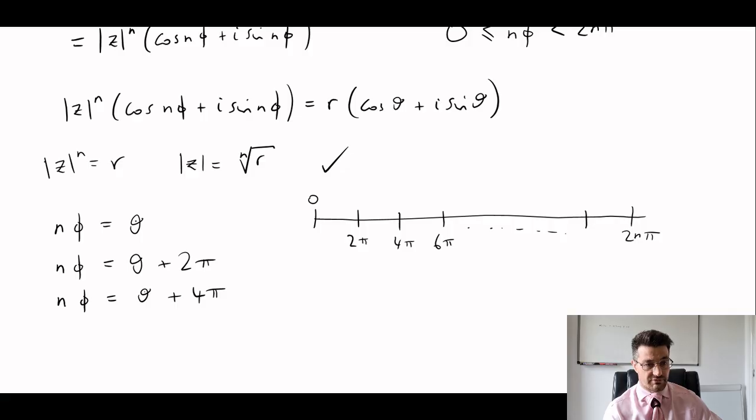Okay, so then right up here, I'll write it up here just to give me a bit more space, 2n minus 1 pi. Okay, so this is the range of possible values for n phi. N phi can be anywhere from 0 to 2n pi, including 0, not including 2n pi. So theta is going to be somewhere in this initial 2 pi range. Okay, this is where theta is going to be.